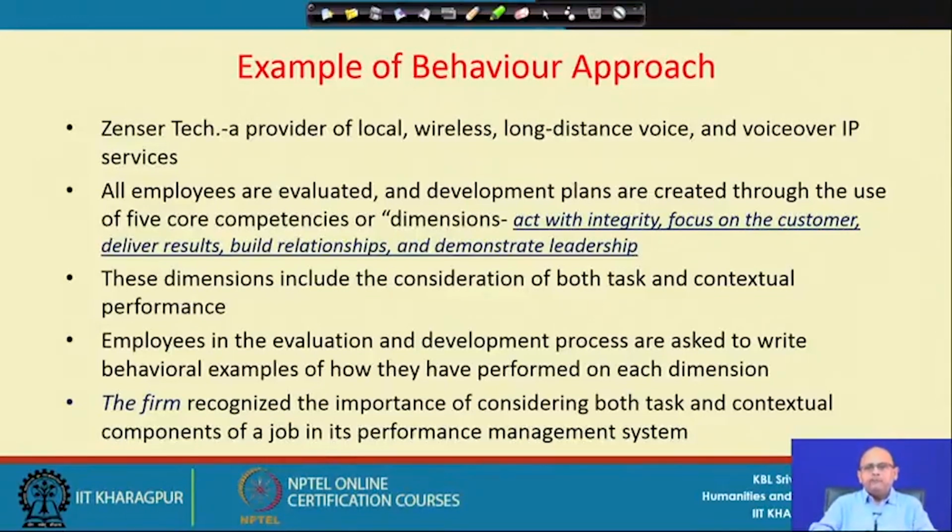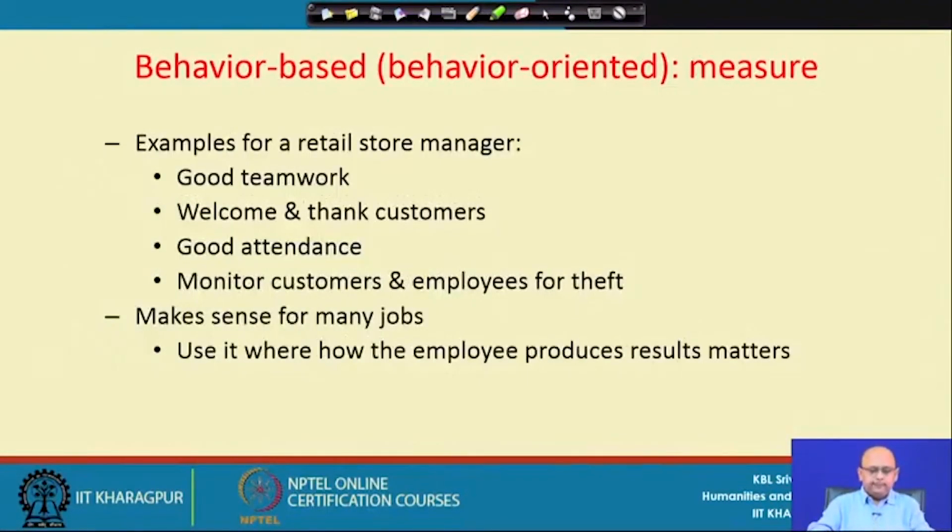Similarly, even in the development process, you make sure that these behavioral competencies are developed, so that they are able to perform well, right. So, this company has been able to consider both task performance as well as contextual performance, so that it is able to develop a good system, right.